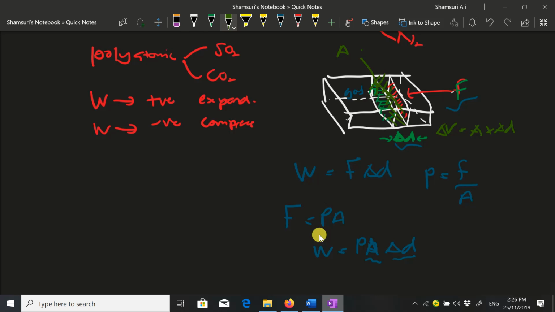So this is the area, and times the Δd you get the full volume here. So A times Δd is equal to ΔV. So we can put the work as actually P ΔV. This is another formula that can be used.